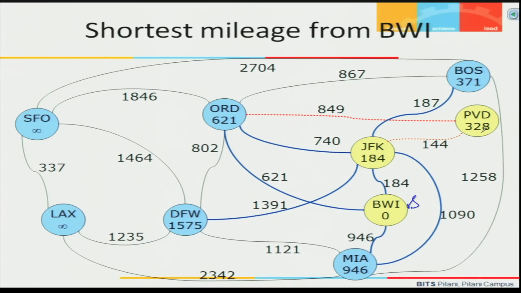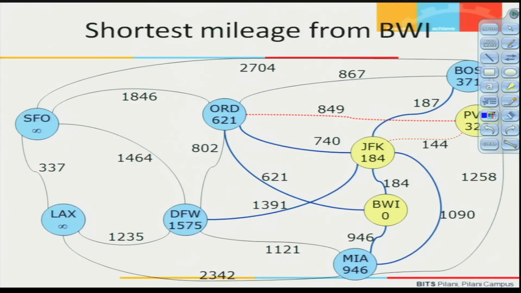We see that the only vertex to which this is adjacent is JFK itself, which we already know, and the length of this edge is 849. So, this still remains less than the length of this path. So, we do not update anything else, we simply add this to our path.